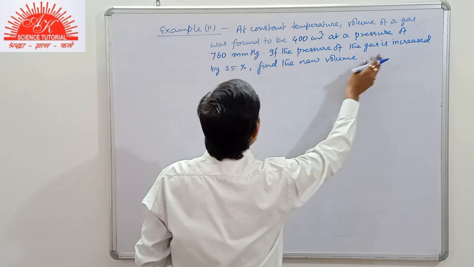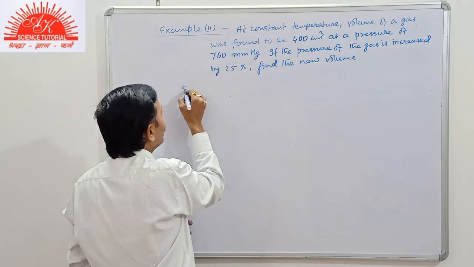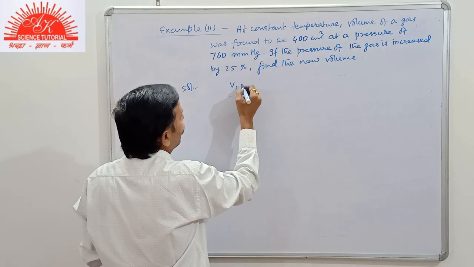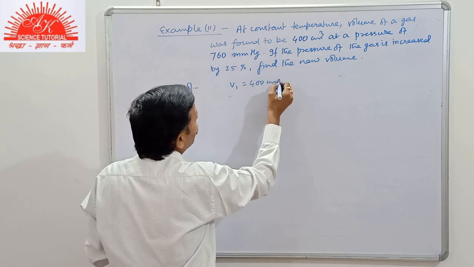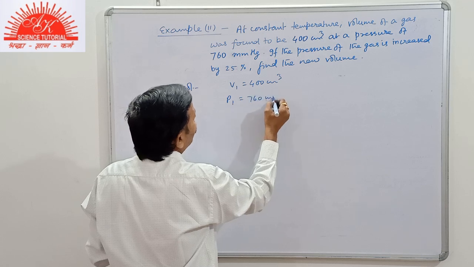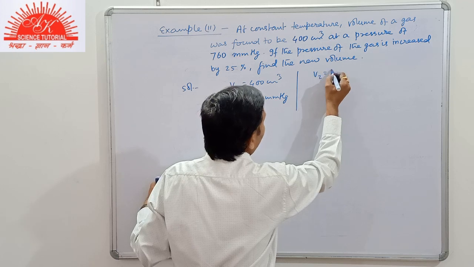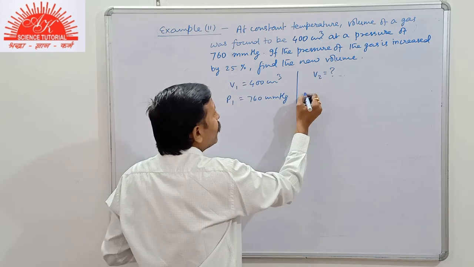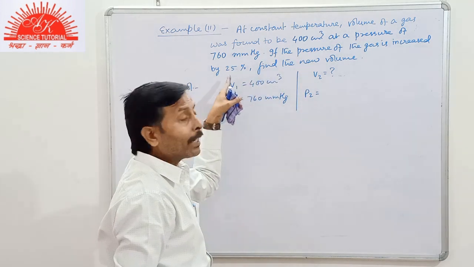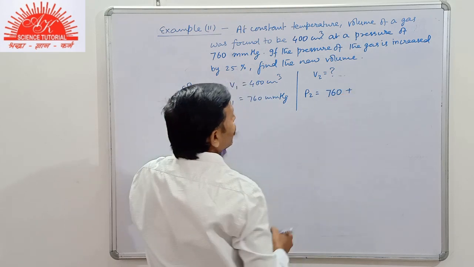So if the pressure of the gas is increased by 25%, find the new volume. So again you will write its data like you see, that is the V1 volume is 400 cubic centimeter, P1 is 760 mm of Hg. We have to find out here V2, that is the new volume. Then what will be the value of P2? Since the pressure is increased by this factor, 760 was the initial value.